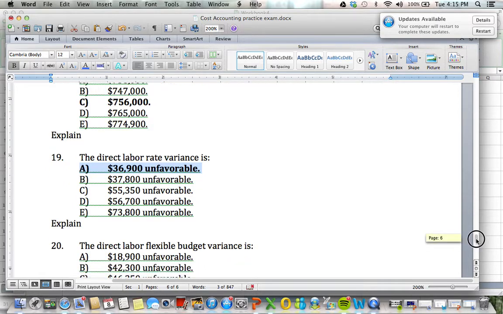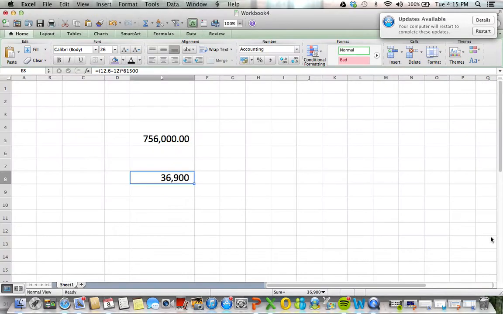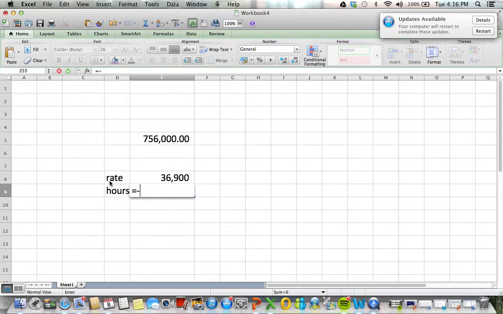Okay. Now the direct labor flexible budget variance. That's asking us basically for the whole thing. So we know that this was the rate variance, and the hours or efficiency variance they gave us in the beginning was favorable by 18,000.